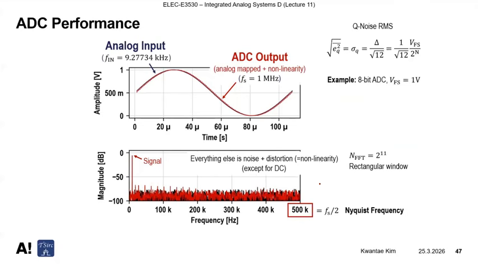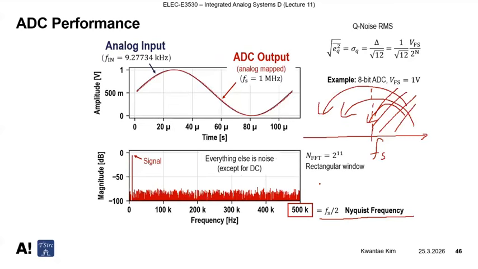Then you can see that there are some spurs, right? Those are all we don't want. And those are added because of non-linearity. So we call it distortion added. And here, what I want to say is that this is a signal component that we are applying close to 9 kilohertz.